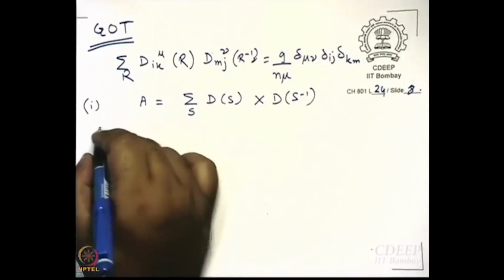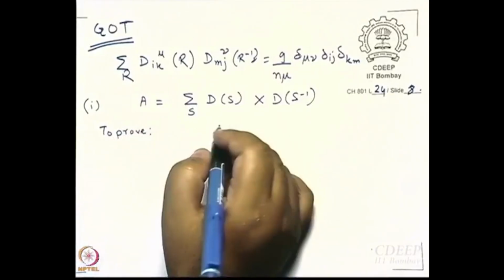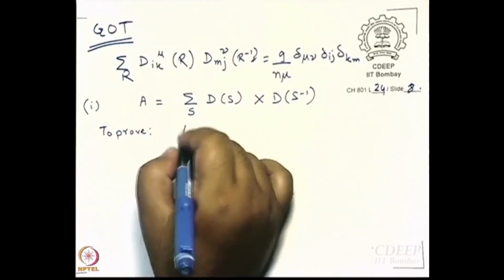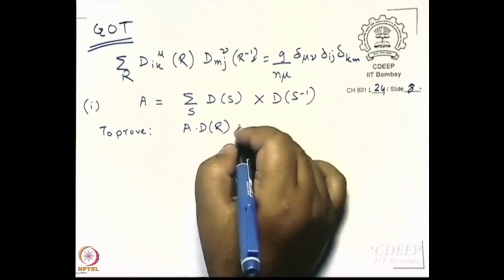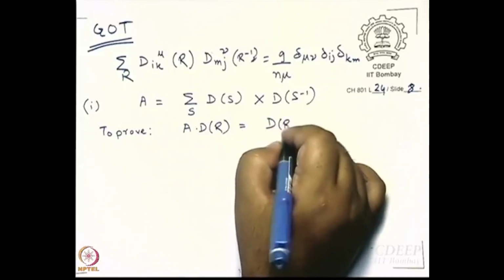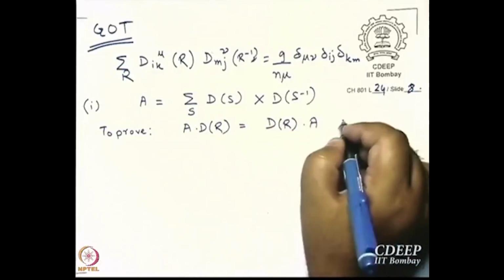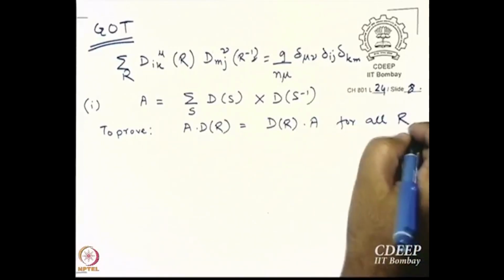And what I want to prove is that A d_R is equal to d_R into A for all the symmetry operations.